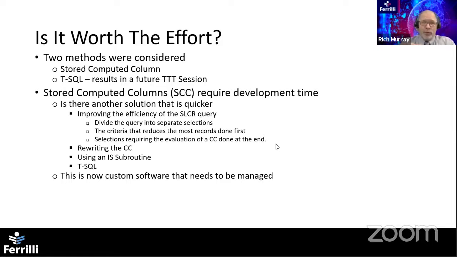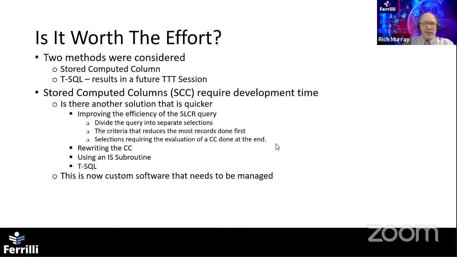You could improve the efficiency of the query, divide the query into separate selections, and target the criteria that reduces the most number of records to execute first, so that when you get down to evaluating the computed columns, there are fewer records to do that on.